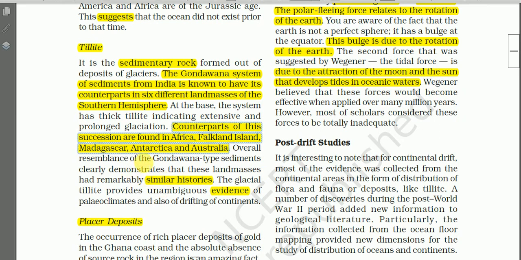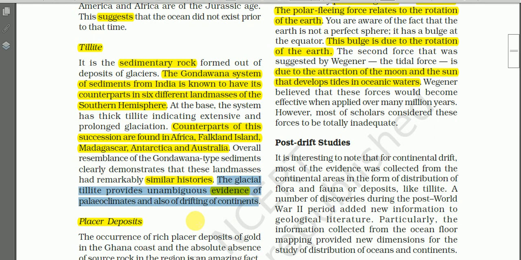The overall resemblance of the Gondwana system of sediments clearly demonstrates that these landmasses had remarkably similar histories: India, Africa, Falkland Island, Madagascar, Antarctica, and Australia. The glacial tillite provides unambiguous evidence of paleoclimate and also of the drifting of the continents.